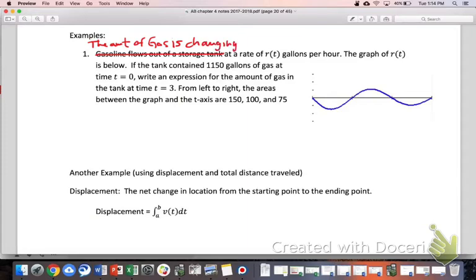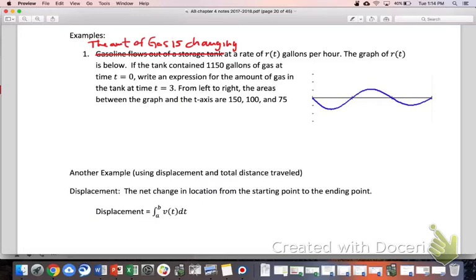So the amount of gas is changing at a rate of R of T gallons per hour. Let's just please forget that you saw anything about anything flowing out of anything. Pretend like that's not there. I think that's very bad wording based on the way this question actually takes shape here. So the amount of gas is changing at a rate of R of T gallons per hour.